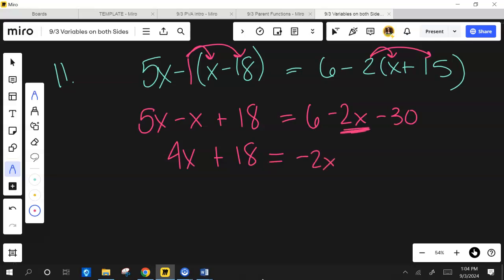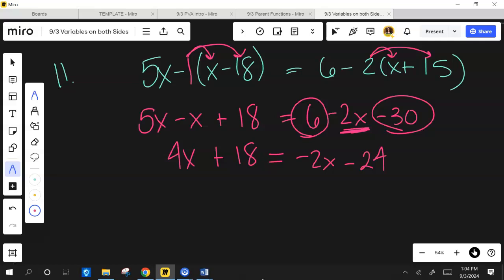That's negative 2x. But I do have a 6 and a negative 30, which would give me what? You're right, it's 24, but it's negative 24. So minus 24. All right, are we ready to solve it?